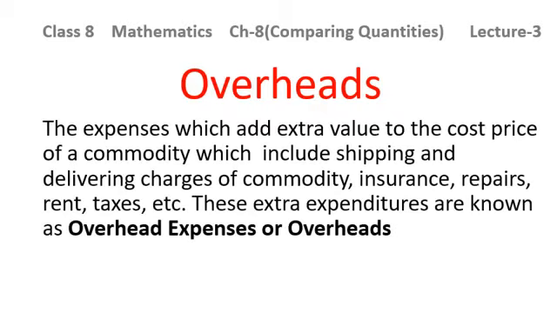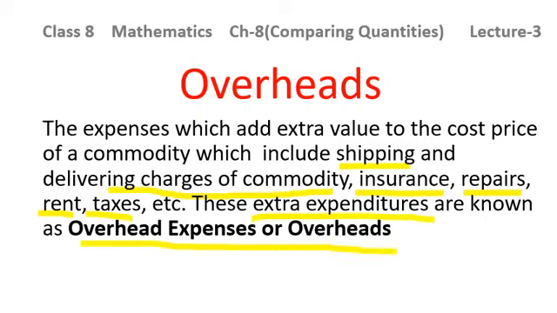The expenses which add extra value to the cost price of a commodity, which include shipping, delivery charges of the commodity, that is an article, insurance, repairs, rent, taxes, etc. These extra expenditures are known as overhead expenses or overheads.